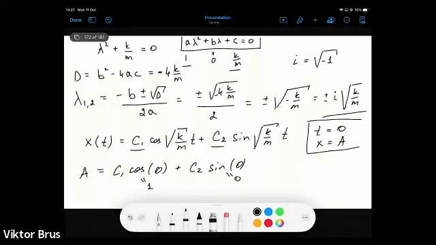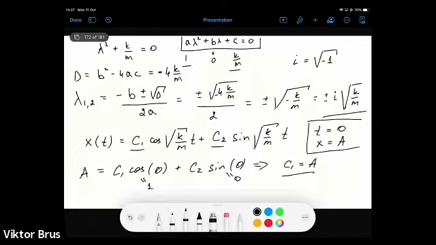From here, we can show that C1 is equal to A, because sine 0 is 0, so C2 will be automatically cancelled out. So we know already the first constant, and now we need to get the second one.